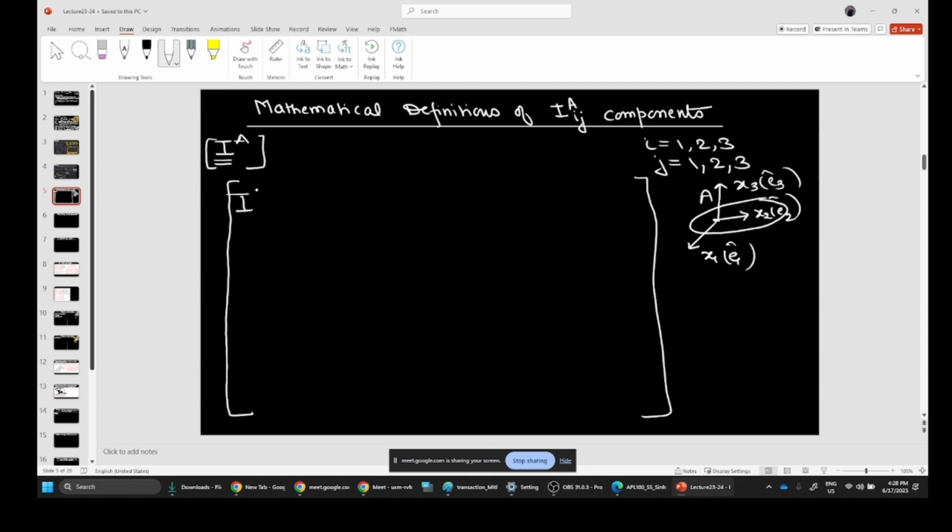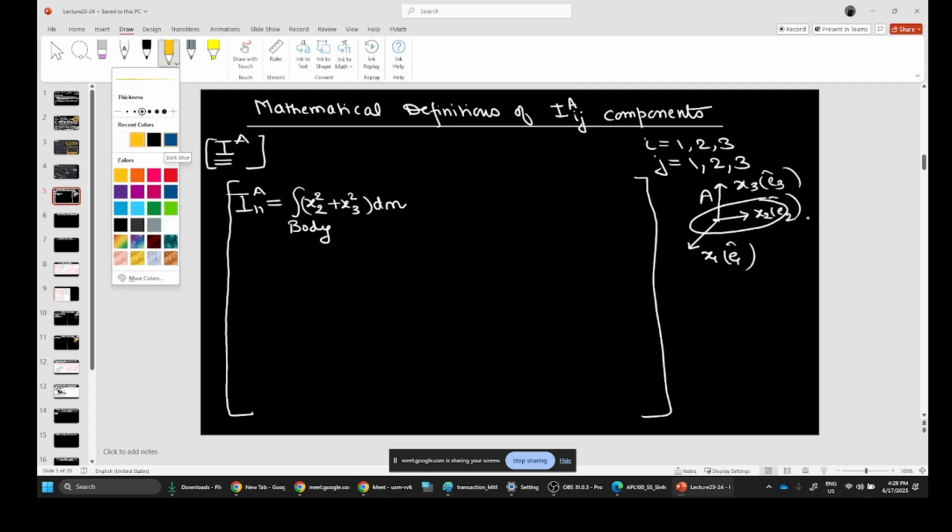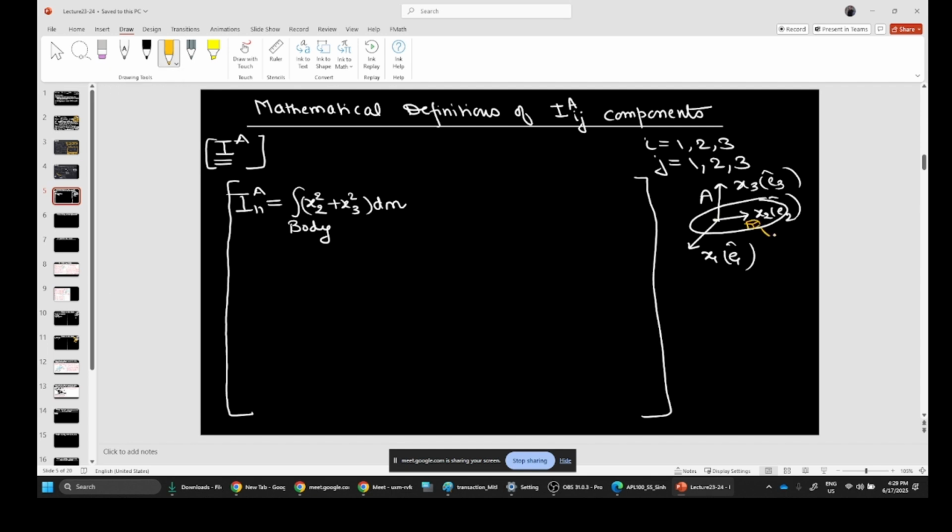So the first scalar component, which we denoted as IA11, equals this. So again, what is dm? dm would be a small mass here on the body. dm is part of the RB, which is M.